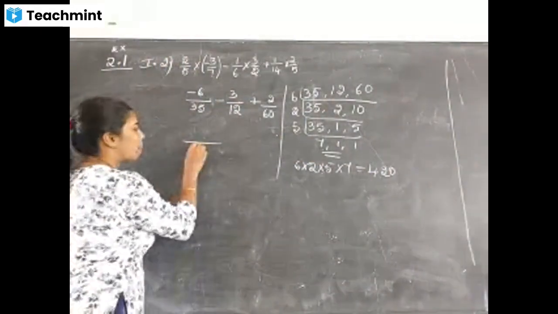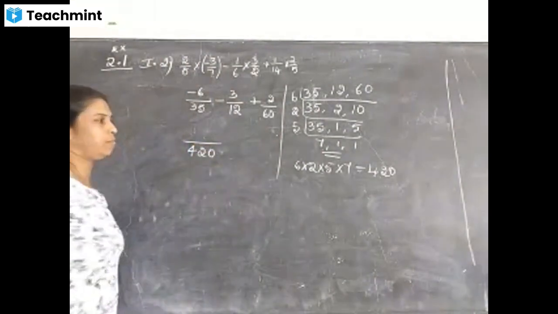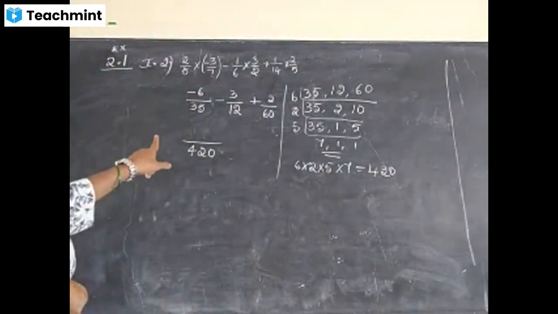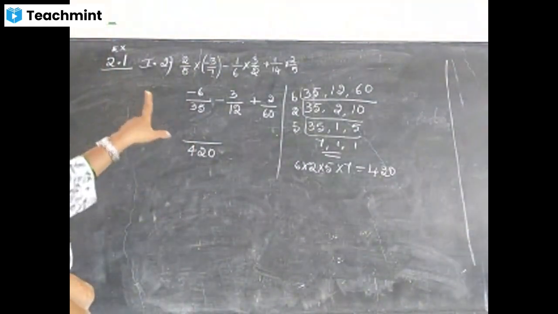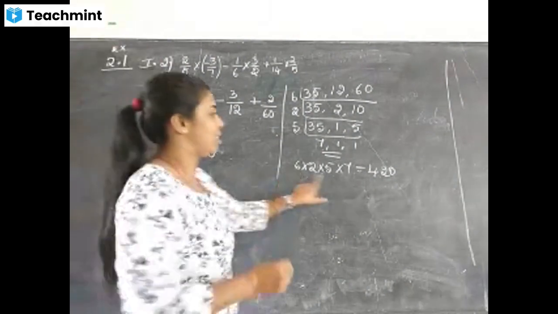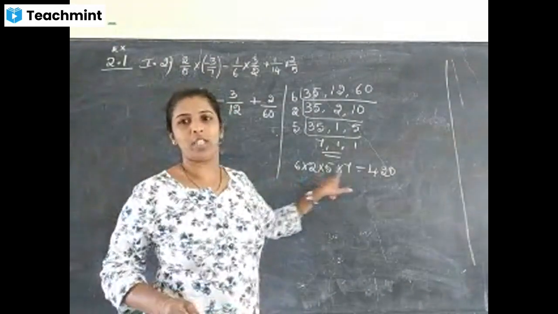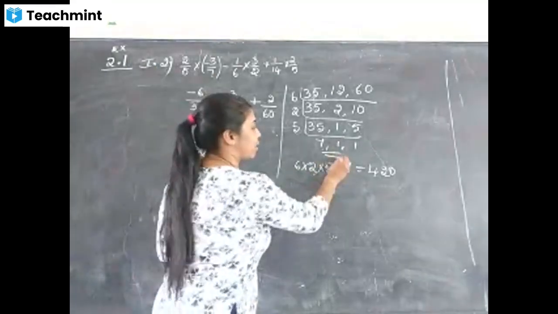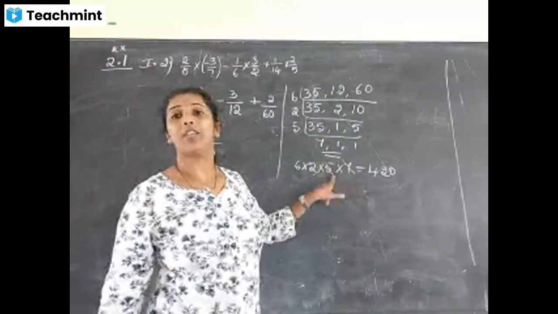420 is the denominator. Now 35, how much to make 420? There is an easy method. Just look here, this is the LCM. 35, how much to make 420? Cut the 35 from this.